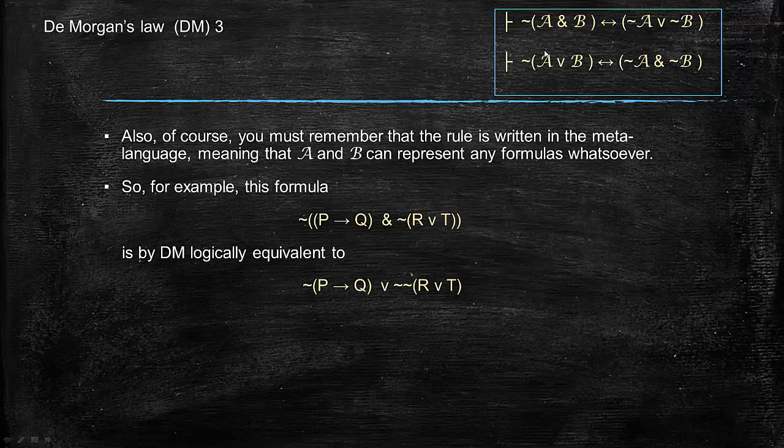So you've just basically got this formula, not A and B, where if P then Q is A and not R or T is B, right?